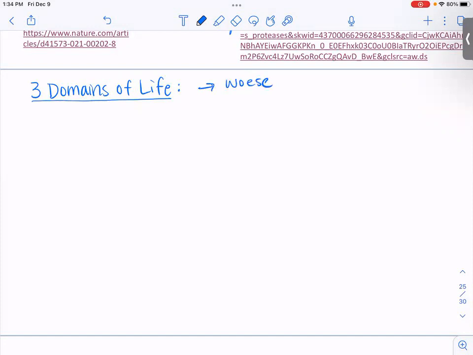What did he use to split up his domains? He sequenced ribosomal RNA, and he expected to find only 2 big categories of life, but he actually found 3 distinct groups, and he called those the bacteria, the archaea, and the eukarya.